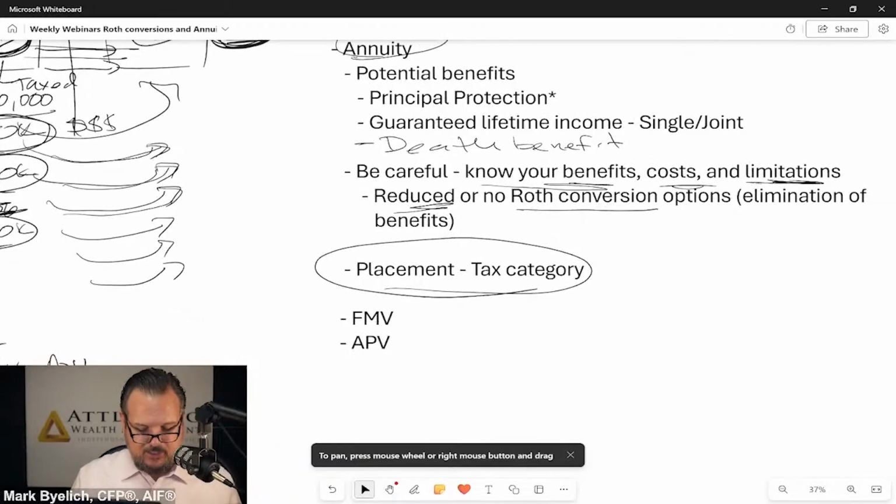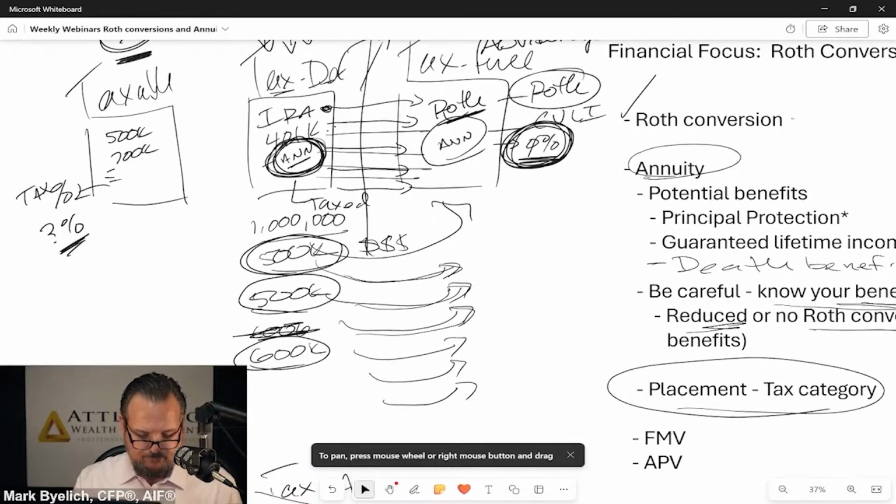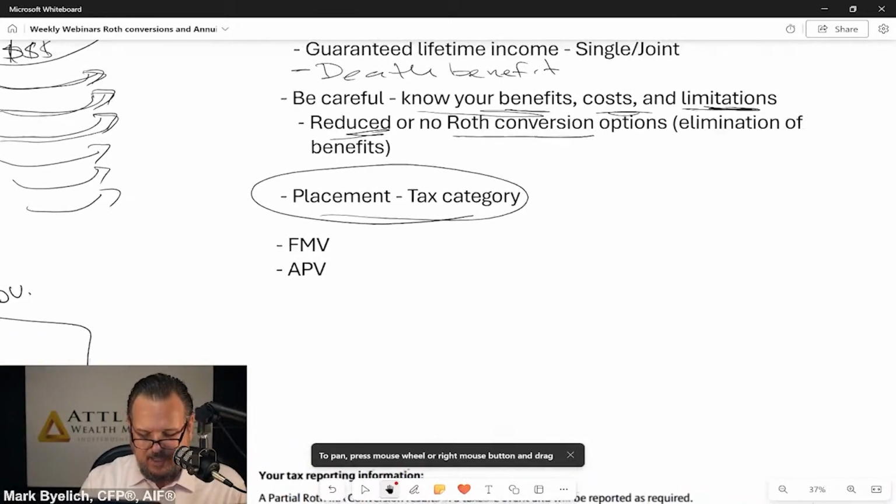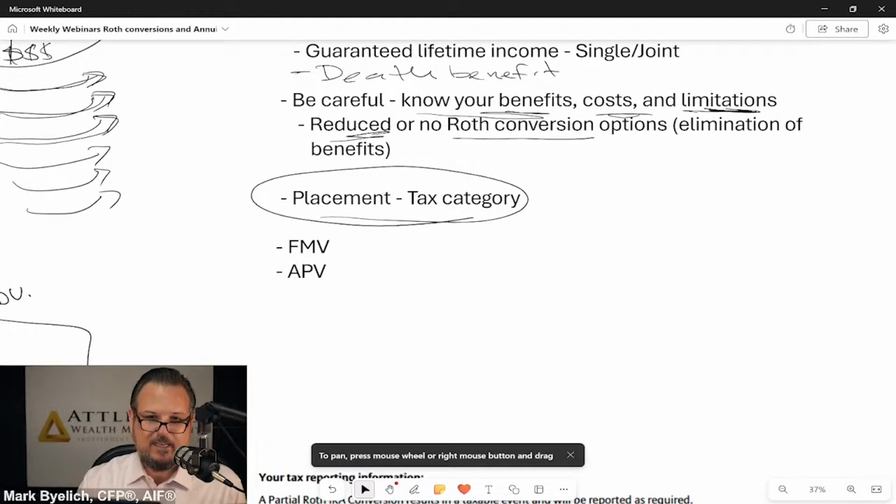But now let's just say we have this conversion strategy, and we want to take a portion of this $500,000 and convert it every year over the next X number of years. Well, that sounds easy and it makes sense, but annuities are complex vehicles, so there are different calculations to be used. So we know that, let's use our example, a $500,000 annuity may have a future value of $700,000.